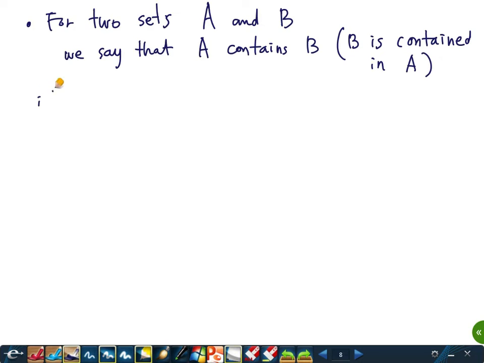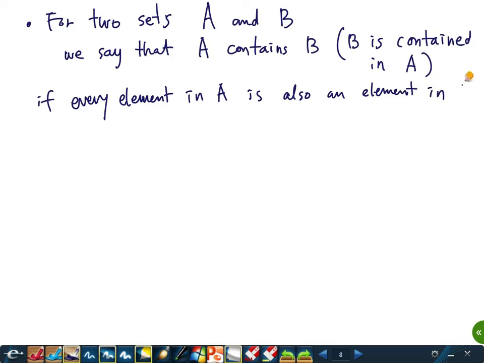If every element in A is also an element in B, then we say that A is, yeah, I think I made a mistake, right?